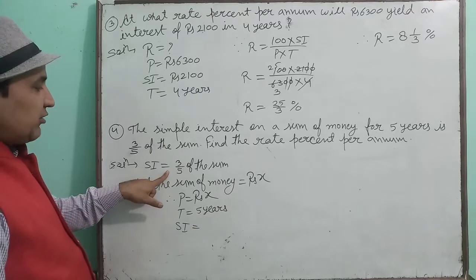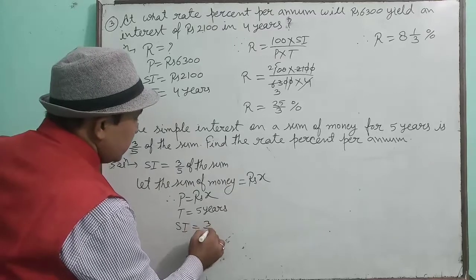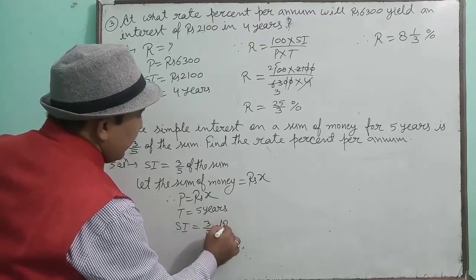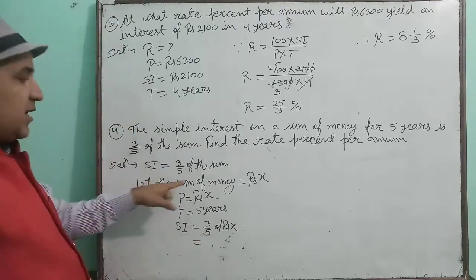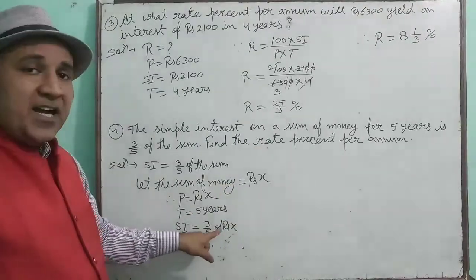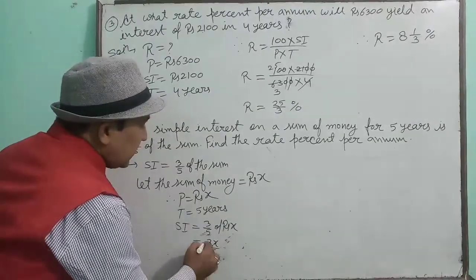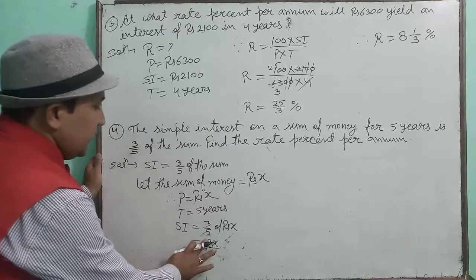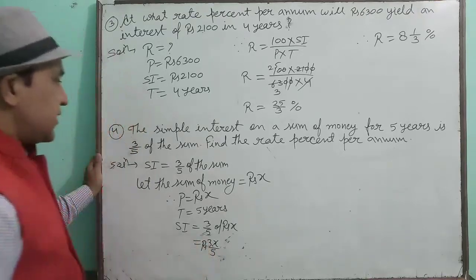Since simple interest is 3 by 5 of the sum, means 3 by 5 of rupees x, because the sum of money we are supposing x, so simple interest will be 3 by 5 of rupees x, that means 3x by 5 rupees. Understood? This is the simple interest.